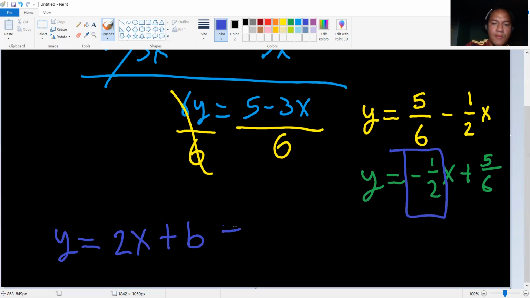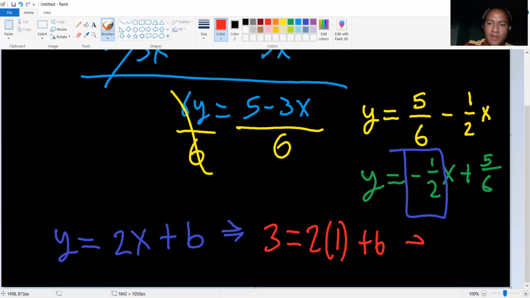And that leads to the answer in red. 3 equals 2 parentheses 1 multiply by 1 plus b, and clearly b will equal 1 because you just subtract 2 from each side so that the 2 and the negative 2 cancel out.